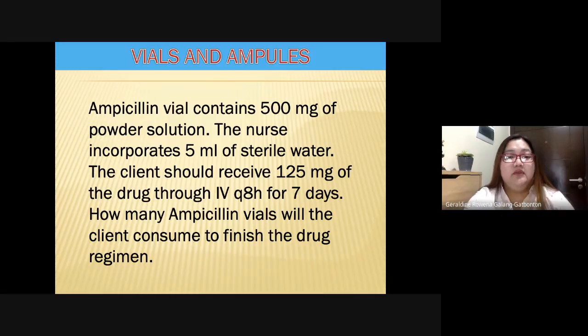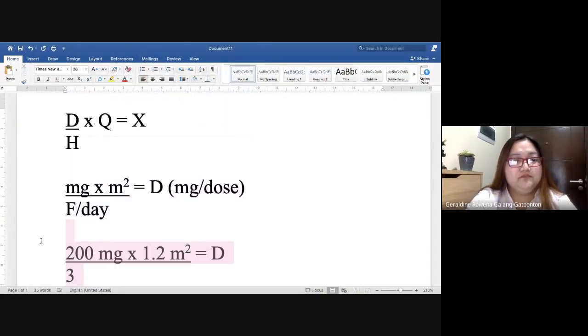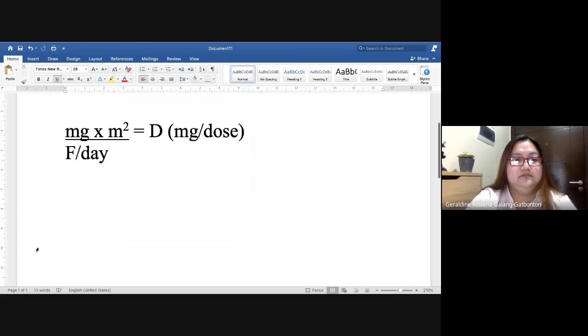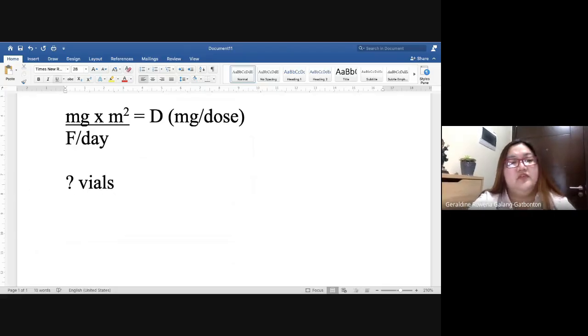So, ang tanong, how many vials yung makukonsume ng patient for the entire drug regimen? Okay? So, ang hinahanap natin, how many vials for the entire drug regimen?